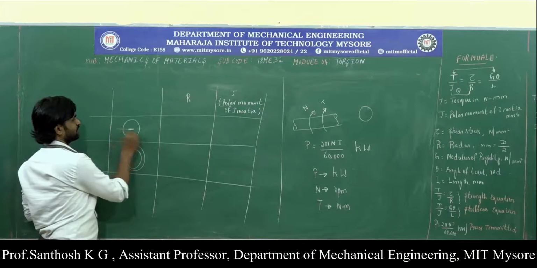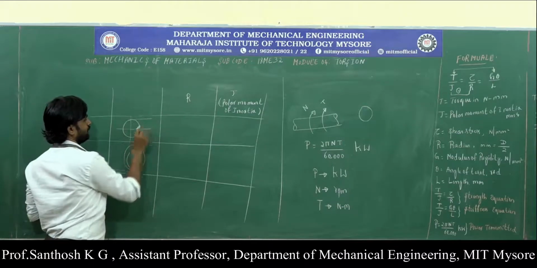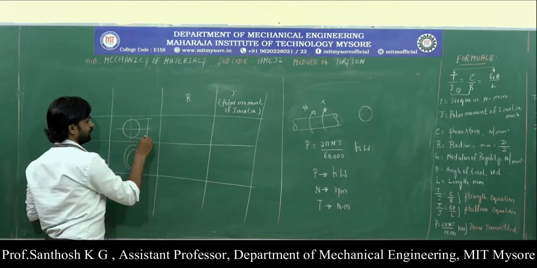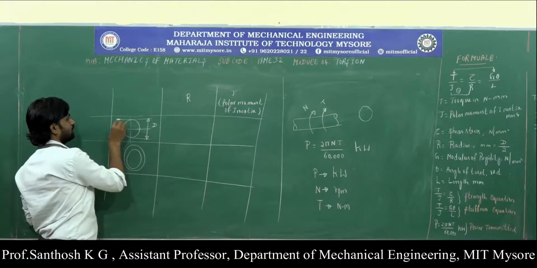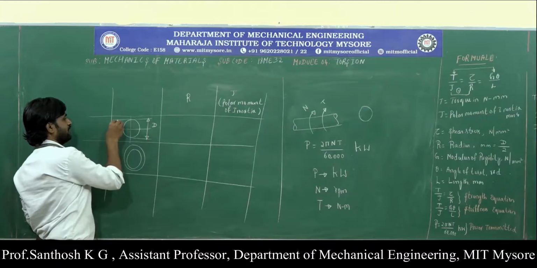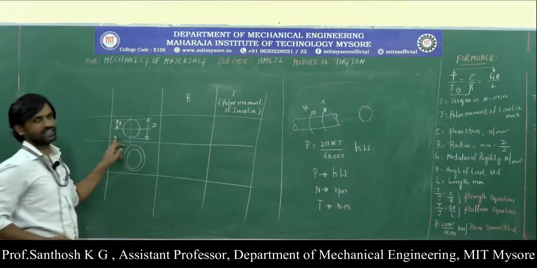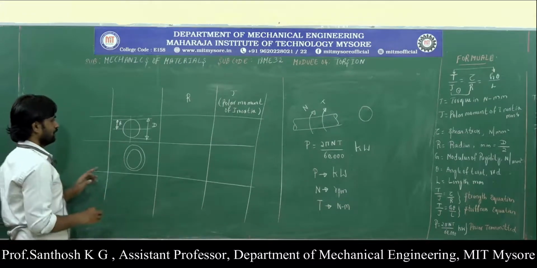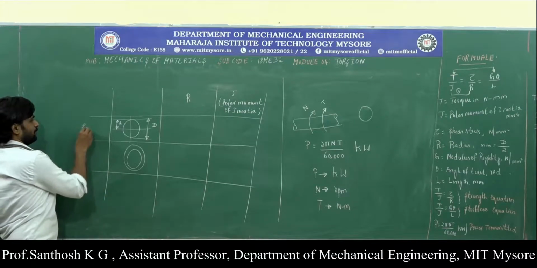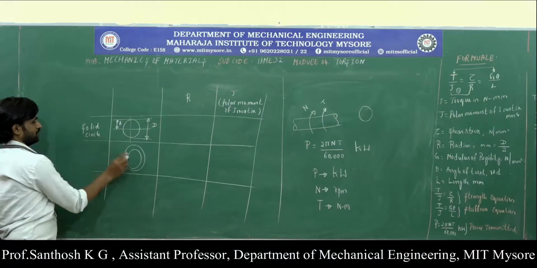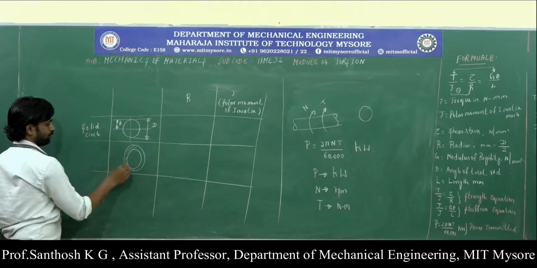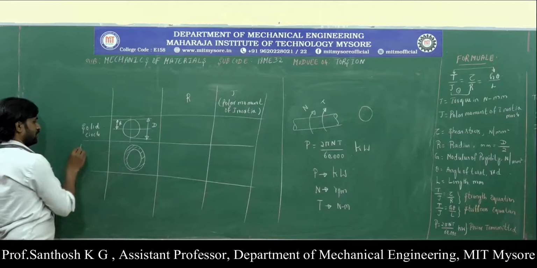If I take a solid circle, the diameter of the solid circle is denoted by D, and R represents the radius of the circle. This represents a solid circle, and this represents a hollow circle.